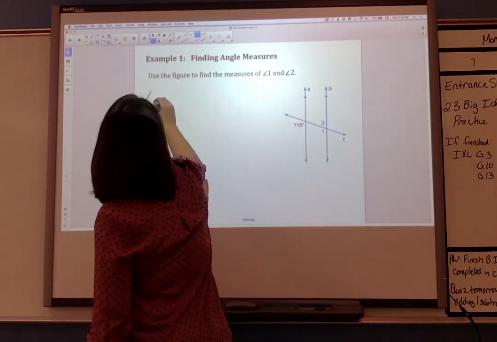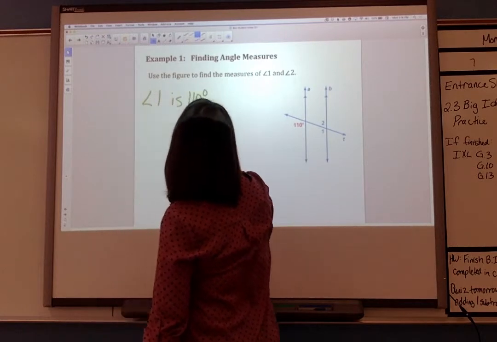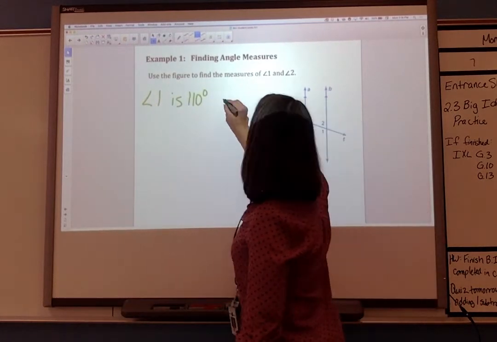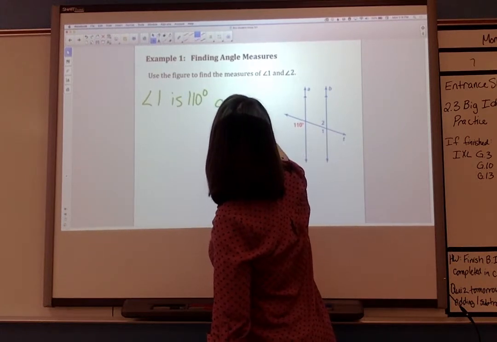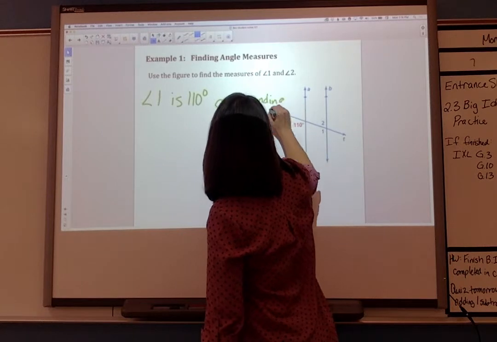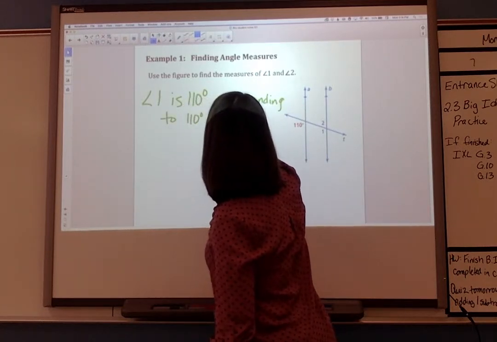So let's go ahead and write that. Angle 1 is 110 degrees, and we need to explain why, and we're going to say it's corresponding to the 110 degree angle.